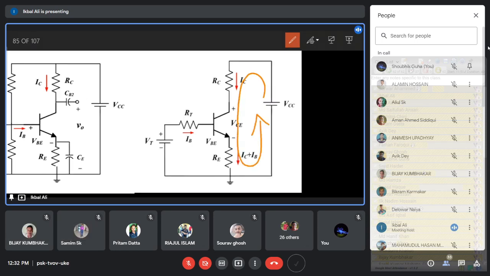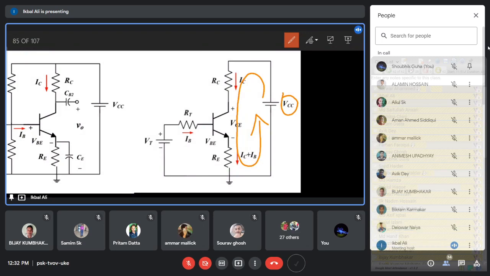In this loop, you have to apply the KVL equation to find the second KVL equation, for the output side. What are the voltage drops here? Definitely VCC is the supply voltage that supplies the voltages and currents to the different branches of the transistor.